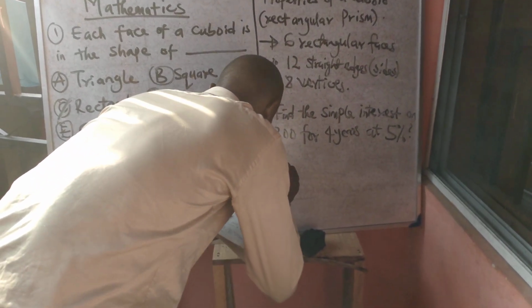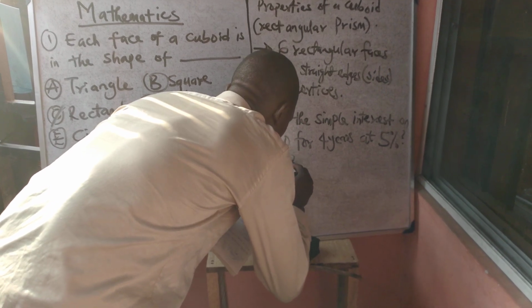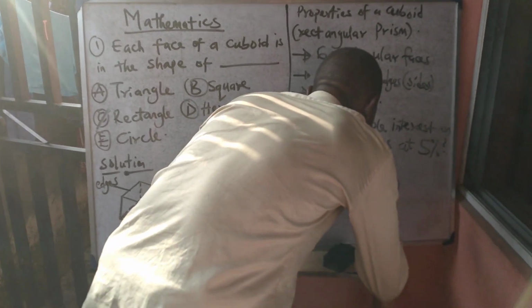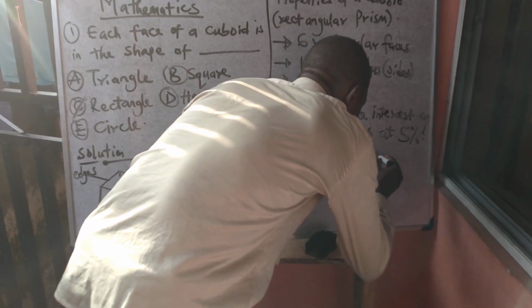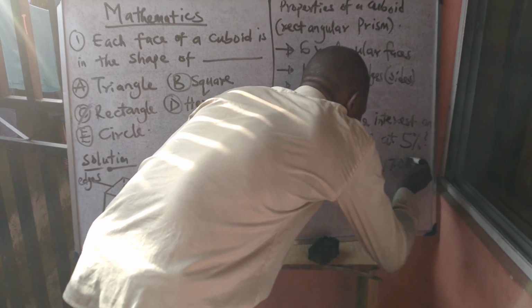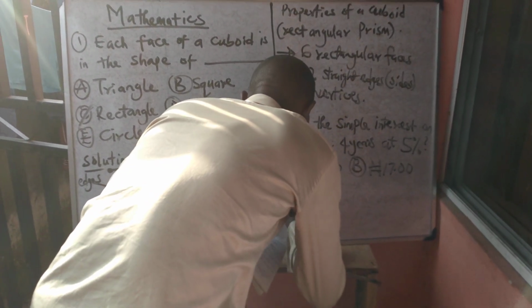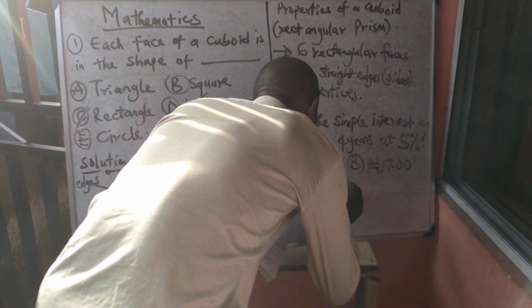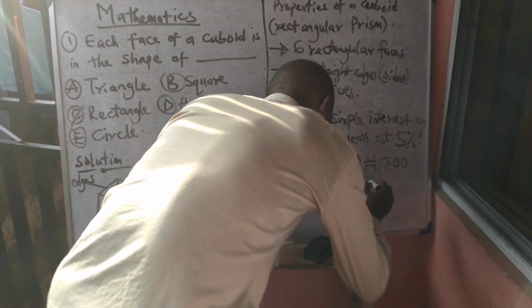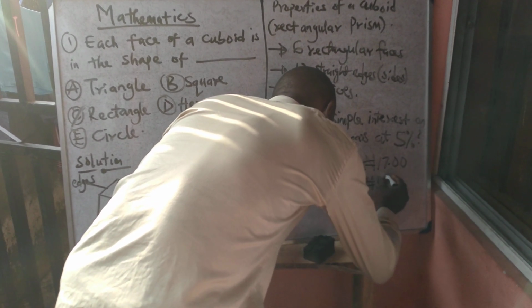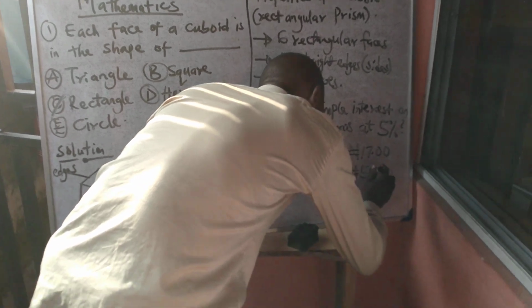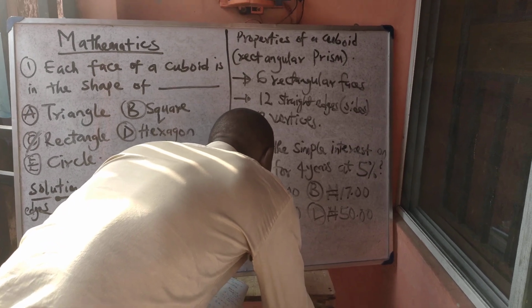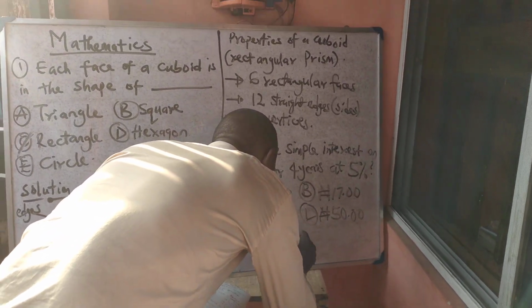A, 30 naira. B, 17 naira. C, 12 naira. E, 60 naira.